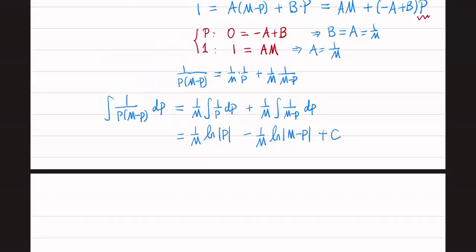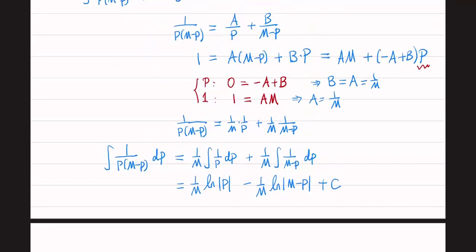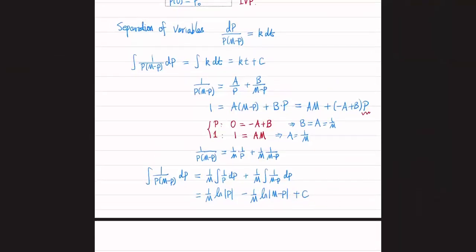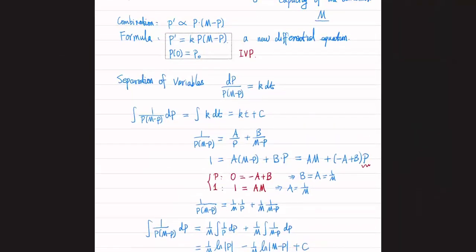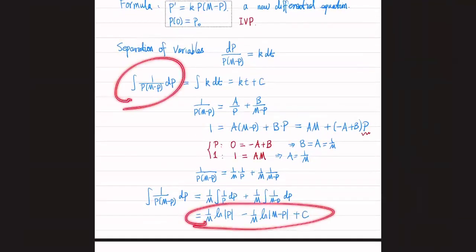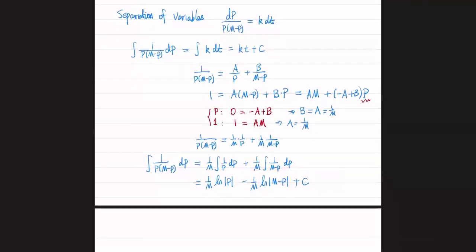Okay. So now we put them together. We have an implicit solution of our differential equation. This equals kt. So I'm going to copy all of them.